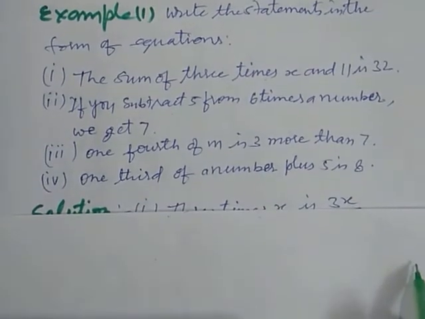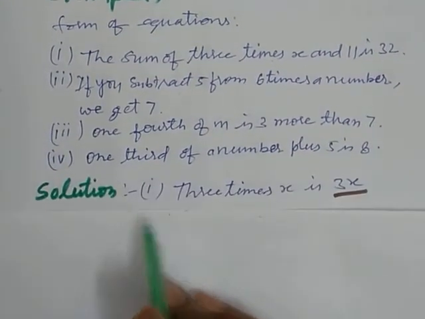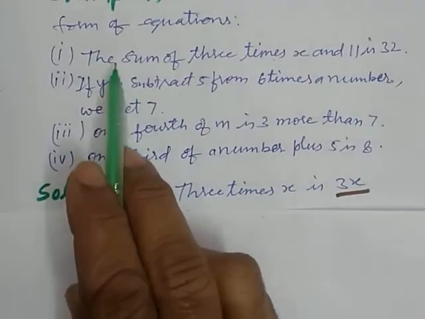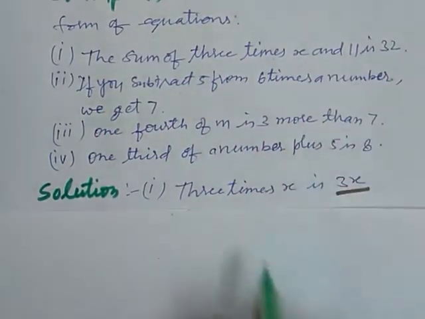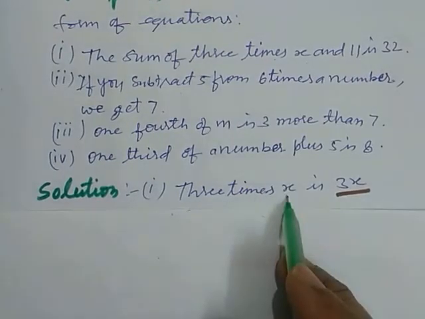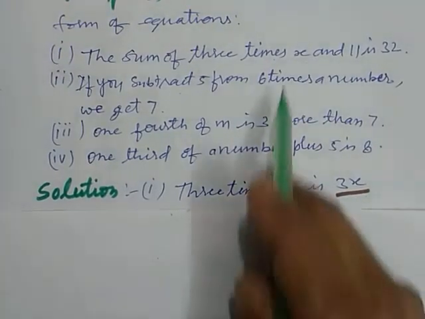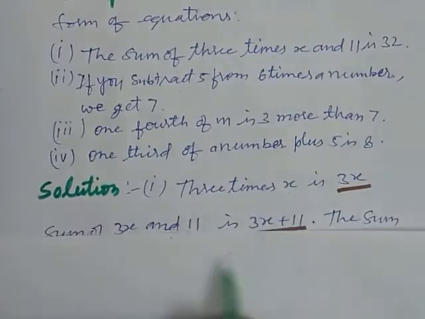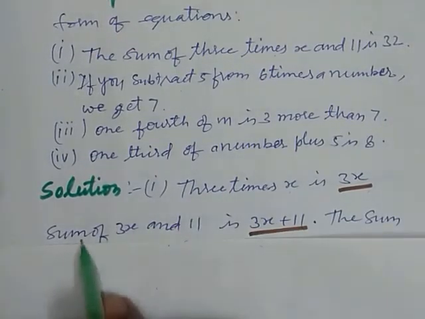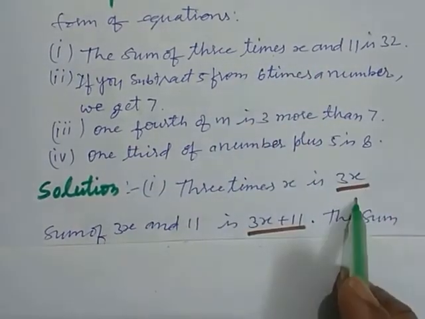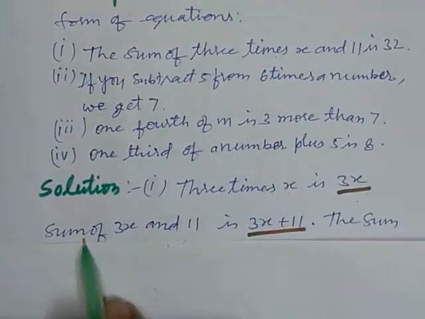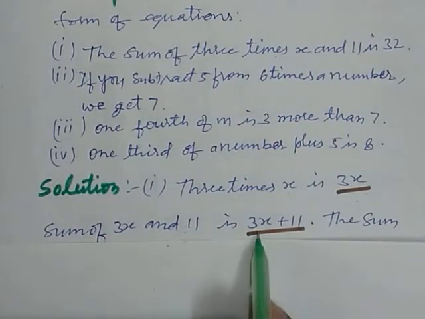So we start from the first statement: the sum of 3 times x and 11 is 32. 3 times x is 3x, and the sum of 3x and 11 is 3x plus 11.